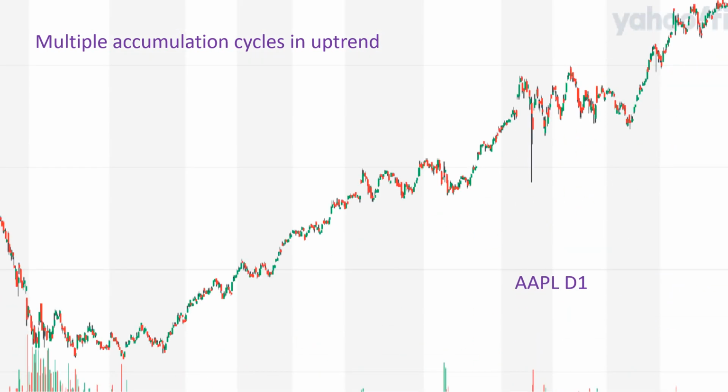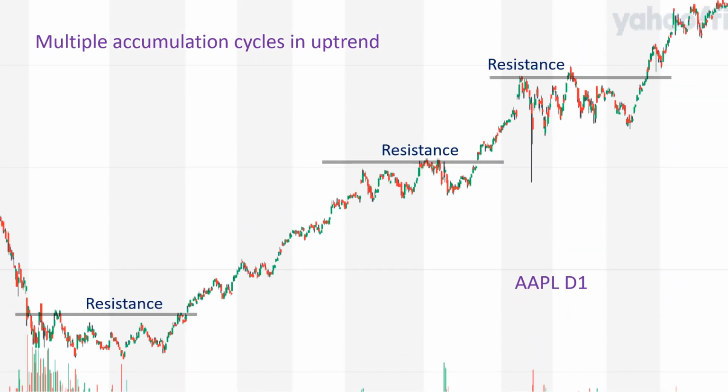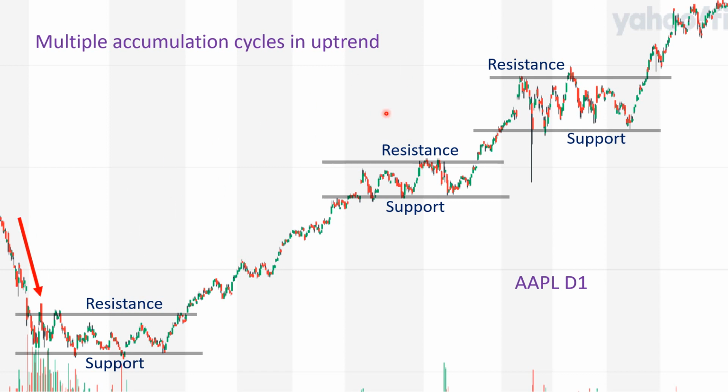This is the price trend of Apple stock on the D1 time frame. These are the resistance areas, and these are the support areas. The price originally came strongly downward till it reached the bottom of a downtrend, then entered this accumulation cycle. We see a slow transition from downtrend into directionless, unprofitable price action.